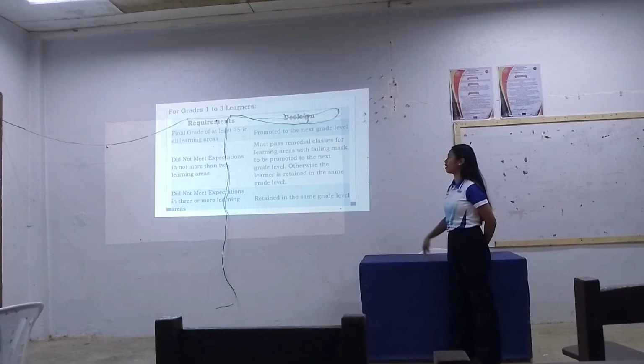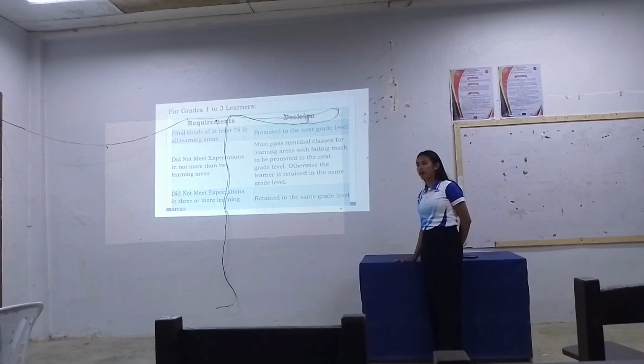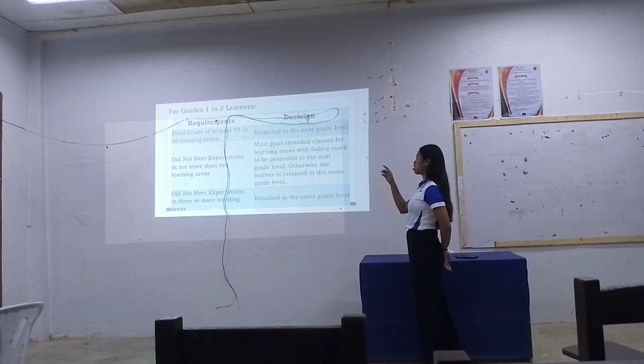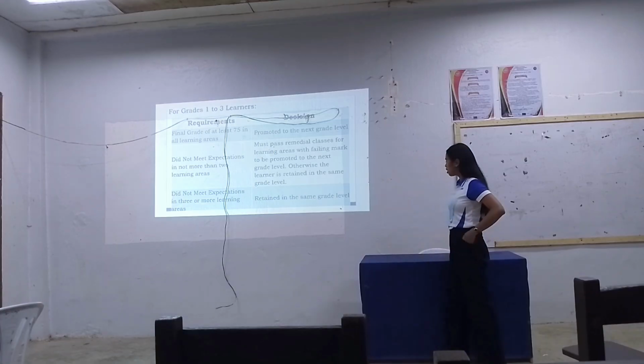Kung lahat kay at least 75 na grade sa all learning areas, pwede ka mo next level. So, did not meet expectations in not more than 2 learning areas, must pass remedial classes for the learning areas with failing marks to be promoted to the next grade level. Otherwise, the learners stay in the same grade level.